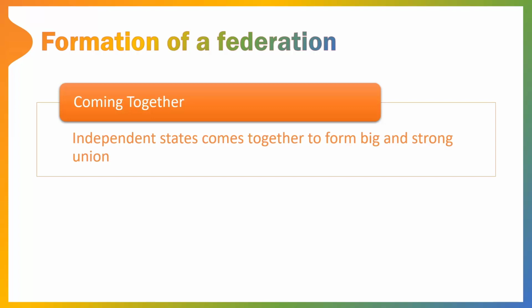For example, the United States. In this case, the states enjoy more autonomy. That means states are almost free to work on their own, but they also have a strong center that operates on behalf of them.